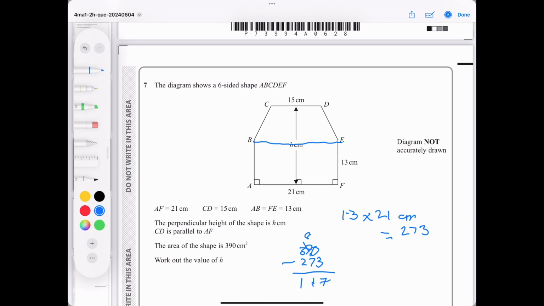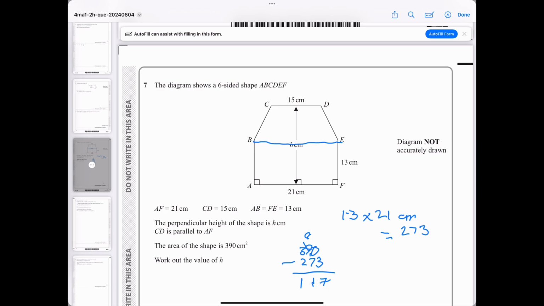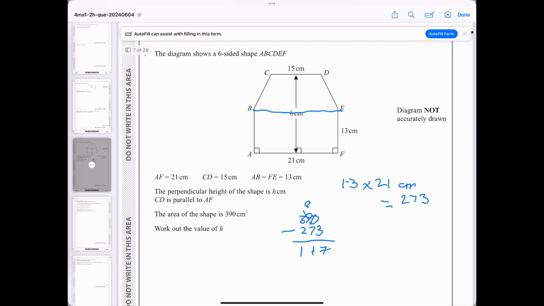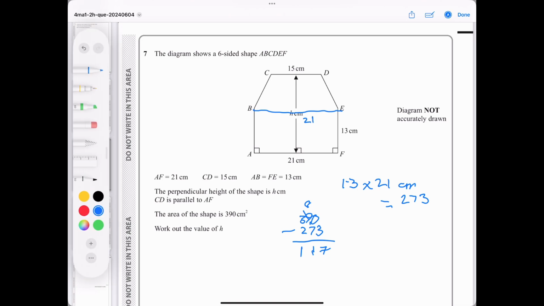So we now know that this little trapezium, which looks like this, is 21 and 15. We've just got to find out what this is, and we know it's 117.